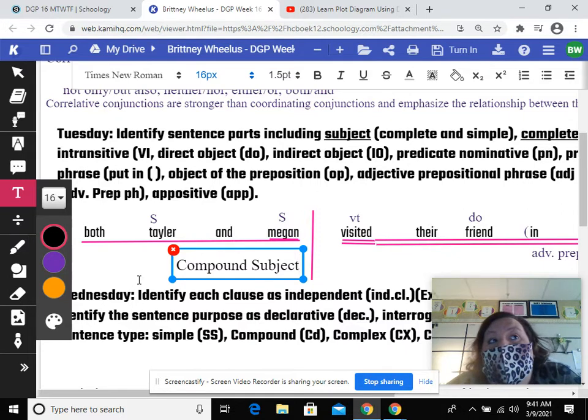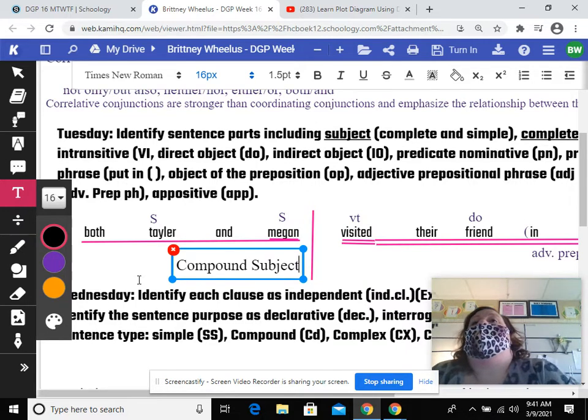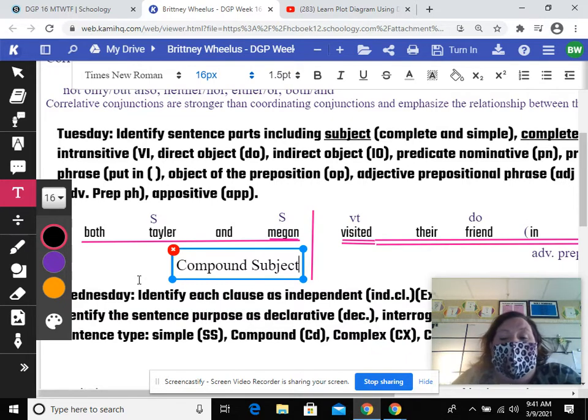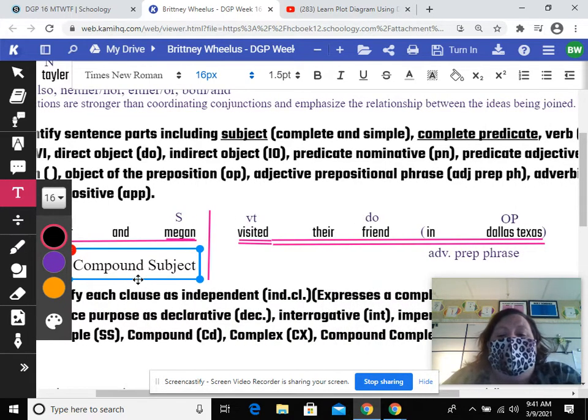When you're diagramming a sentence, what does the first vertical line do? Good job, Trey. It separates the complete subject and the complete predicate. So this vertical line tells me that my predicate is going to be after the vertical line. So I'm going to underline twice, visited their friend in Dallas, Texas.